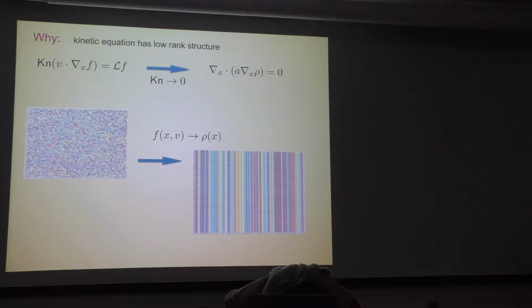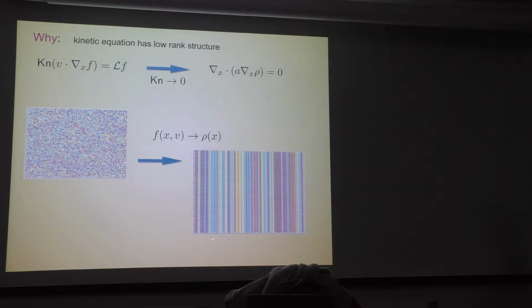And I call it the low-rank approximation. We start from the radiative transfer equation, and over here our distribution function is a function of space x and velocity v. If you plot it out, I have the x direction and the v direction, and every pixel has a different value. But you also know that when the Knudsen number is diminishing, the radiative transfer equation becomes a heat equation, and the heat equation only has a spatial dependence x.